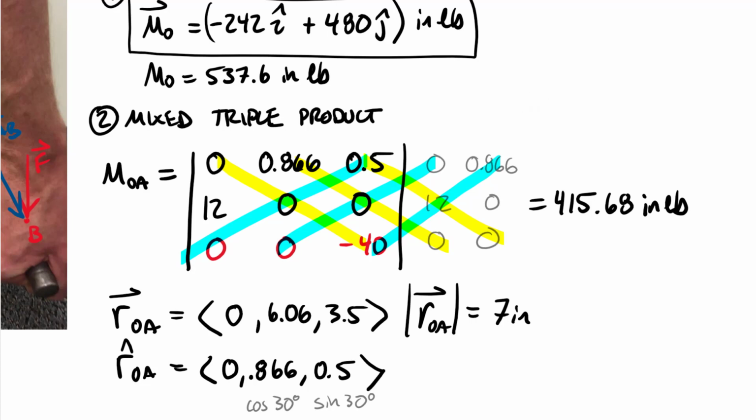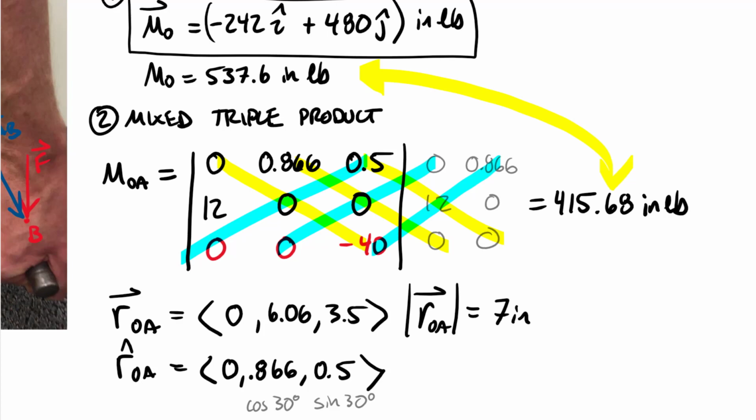I could compare this to the value that I found for my total moment around point O. Of the 537.6 inch pounds, which is my total moment around point O, only 415.68 is actually directed around line OA.